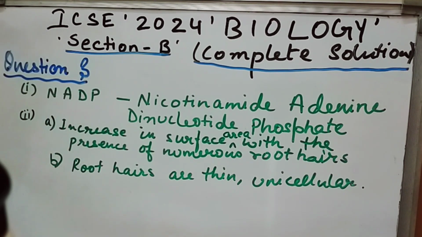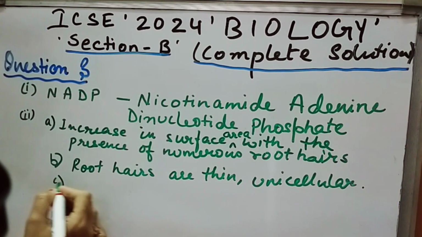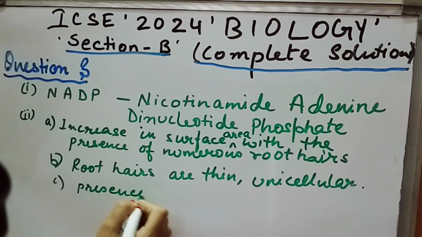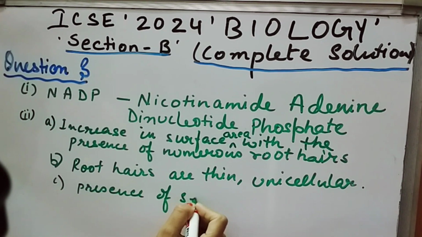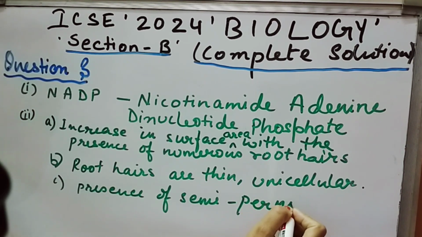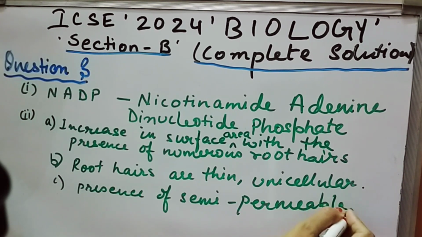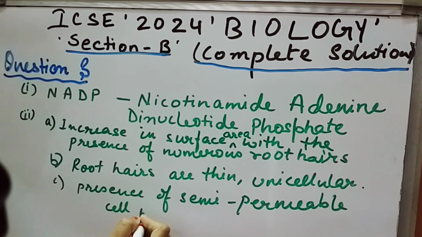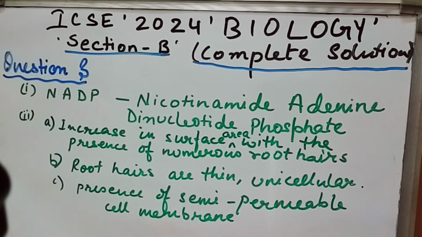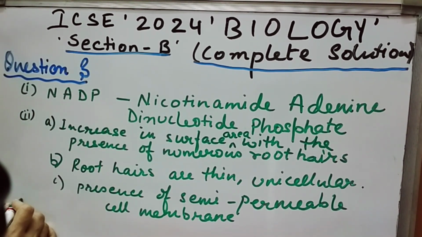And it could be the other one even, that the presence of semi-permeable cell membrane. So any 2 of them you can write to score 2 on 2. So we'll go to the next question.